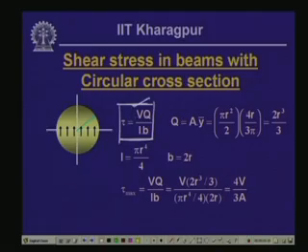Now, here let us consider a circular section, the radius of which is r, and the shear force acting on the cross section is in the vertical direction. Now, as we have assumed earlier, number 1, the direction of the shear stress also will be in the direction of the shearing force. Number 2 is that the shear stress distribution across the width is uniform along the depth of the beam.